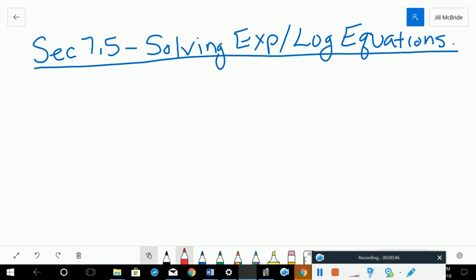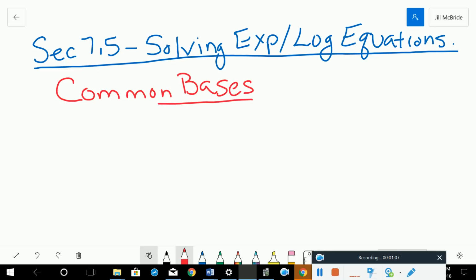Okay, we're going to quickly hit a topic that we did a little bit of on Wednesday, and that's the idea of giving both sides of the equation common bases. If you have the ability to give both sides of the equation common bases, it's usually the quickest way to solve your equation.